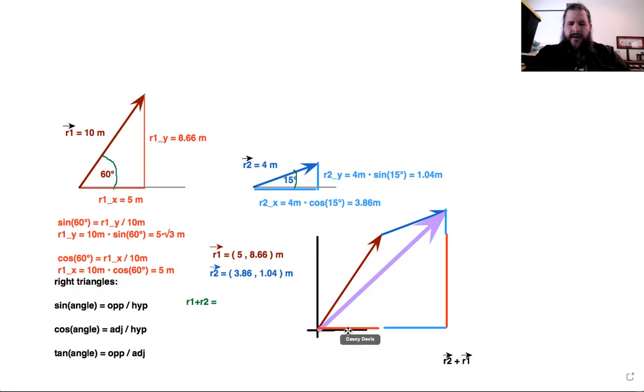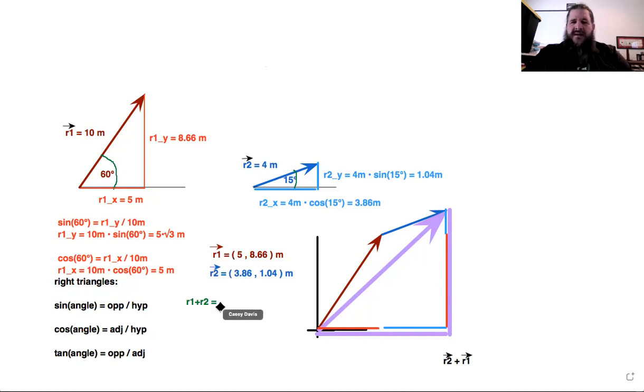So R1x plus R2x is the new x component of that big lavender vector, the actual Rx value. And then R1y plus R2y is the total y component of the sum. So this geometrically is why we can just add together the components: x component plus x component equals the total x component, y component plus y component equals the total y component.